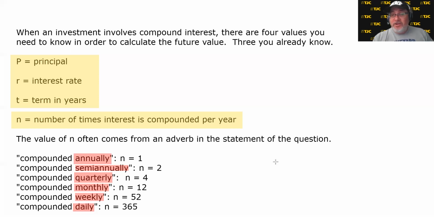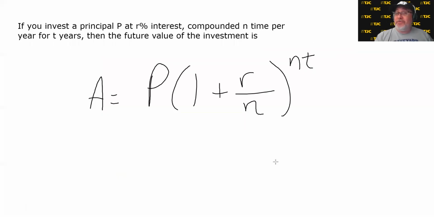All right, so we can't look at an example until we see the formula, which I already have written here. Here's your formula. If you invest a principal P at R% interest, compounded N times per year, for T years.